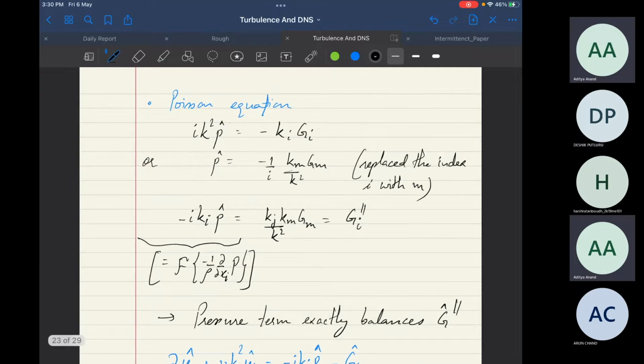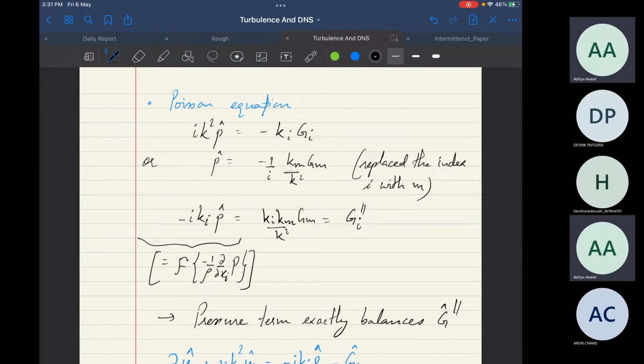So we have p. We'll get minus i ki times p hat, and this would be equal to ki km gm by k square.